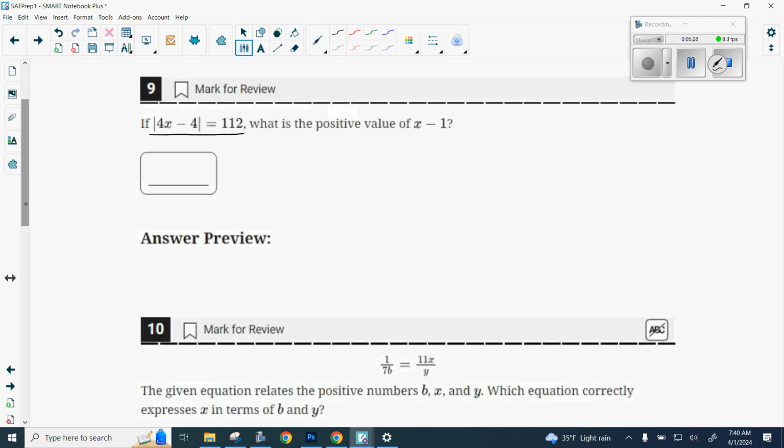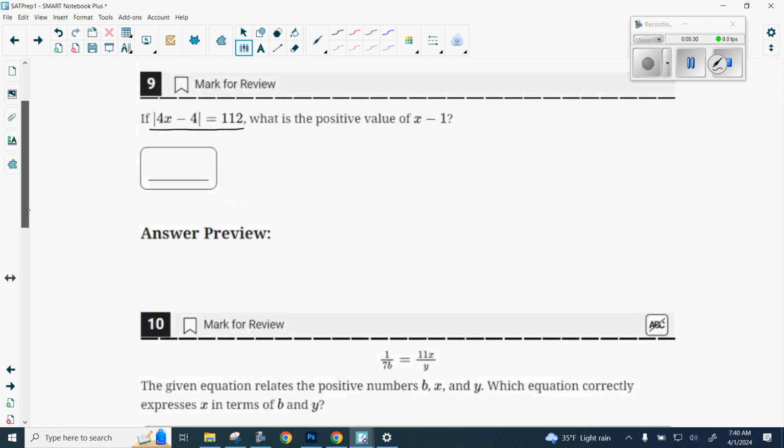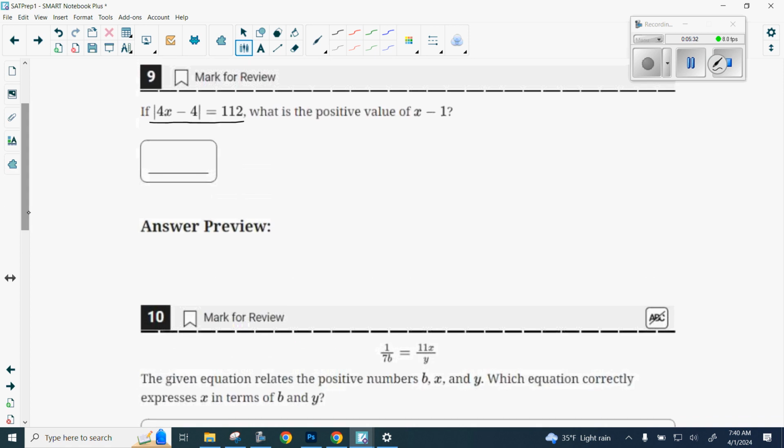And then I guess it's not a multiple choice type question. So we're going to have to solve this for x and then plug that value back in here, and that will give us our answer.